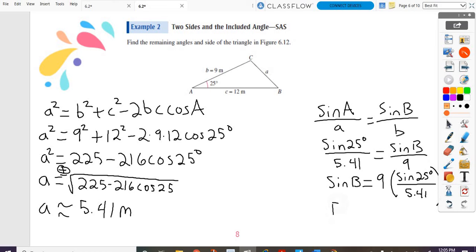And then we need to take sine inverse of all of that. Again, when you plug that into your calculator, make sure you're really careful about your parentheses.